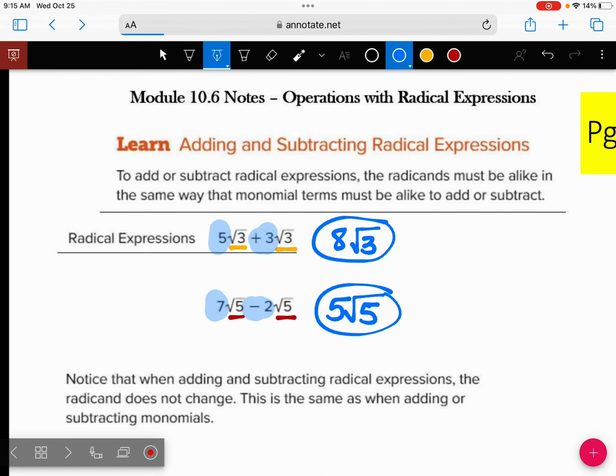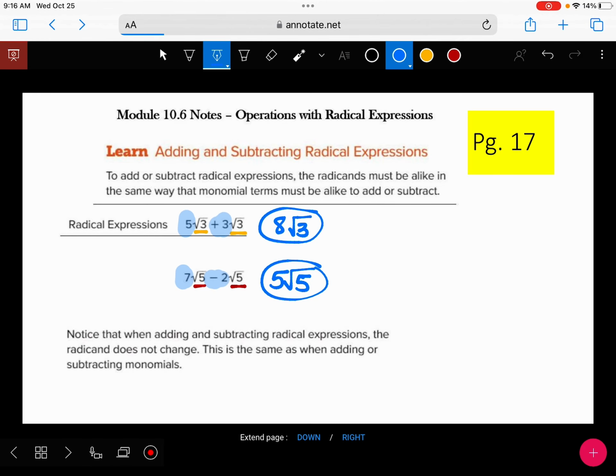But what you cannot do, I want to make sure you understand, is if you had 5 root 3 plus 2 root 5, they're not like terms. You can't add them together. You can't add them because these two numbers are different. It has to be the same number underneath the square root.